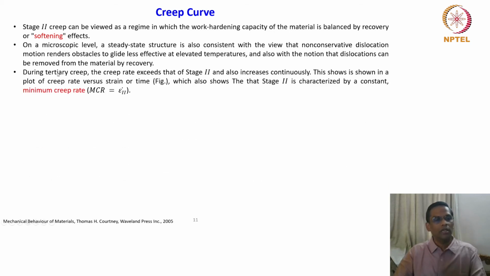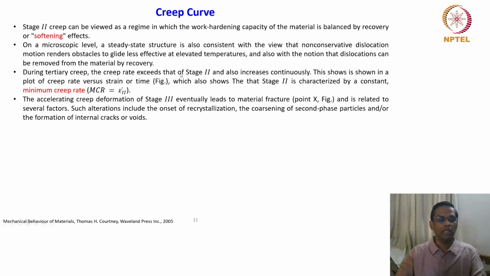During tertiary creep, the creep rate exceeds that of stage 2 and also increases continuously. This is shown in a plot of creep rate versus strain. At the time, we will show the figure, which also shows that stage 2 is characterized by a constant creep rate. We have already seen that in the previous slide.